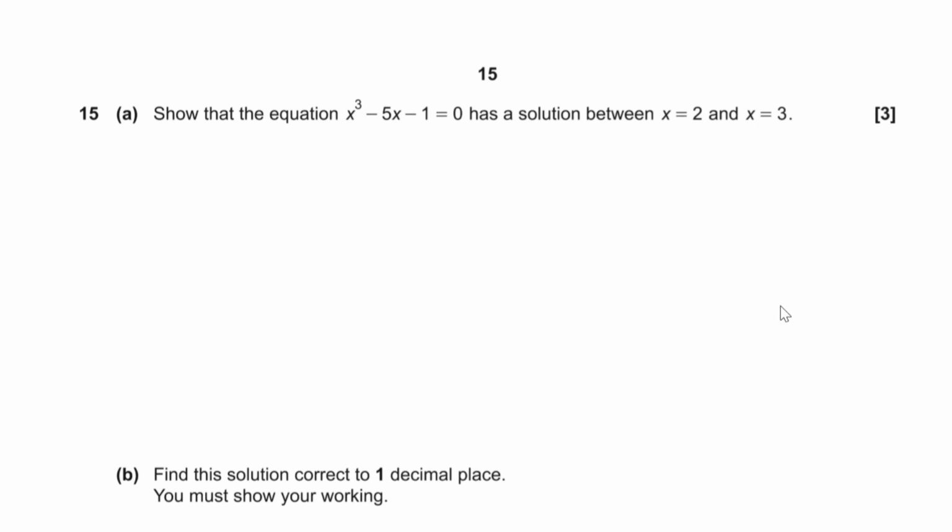Question number 15 for part A, we have to show that the equation x cubed subtract 5x subtract 1 has a solution between x equals 2 and x equals 3. Now, the first thing we will do is notice that the right hand side is equal to 0, so the left hand side we can set equal to f of x.